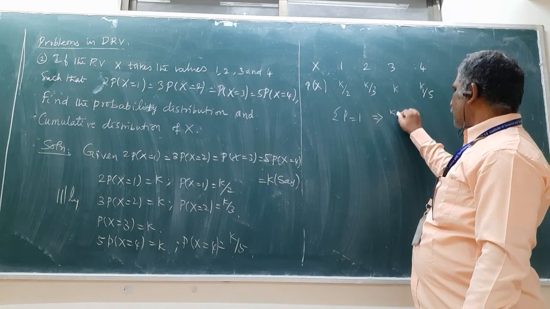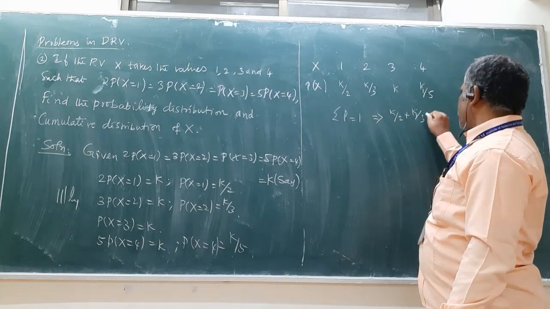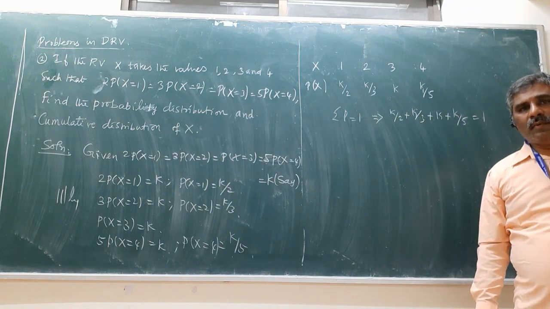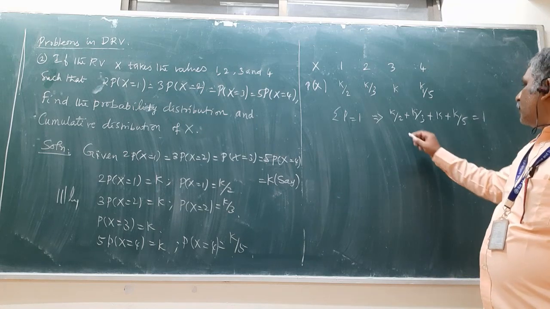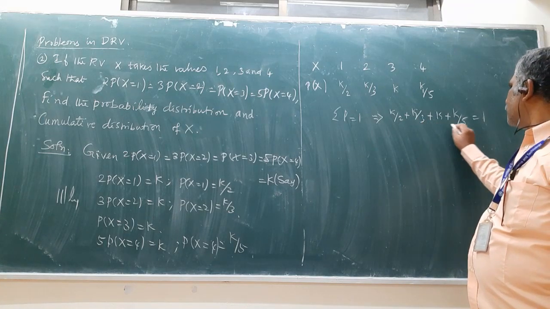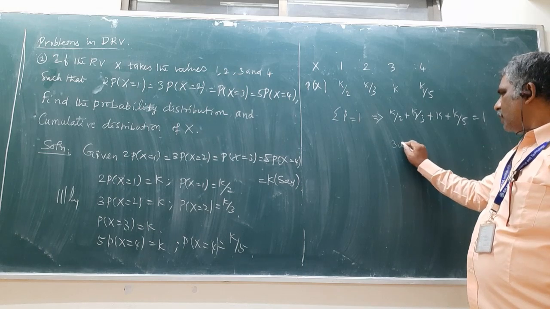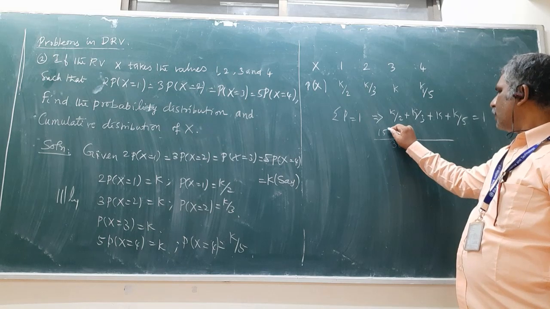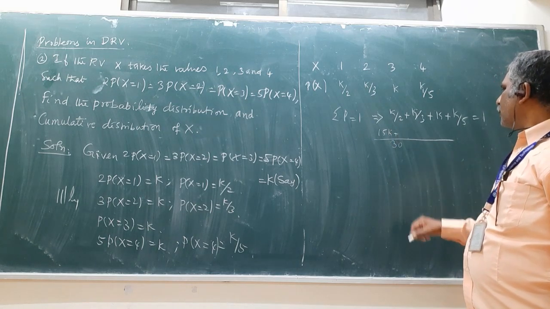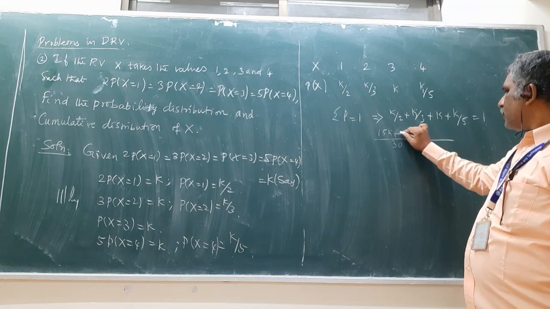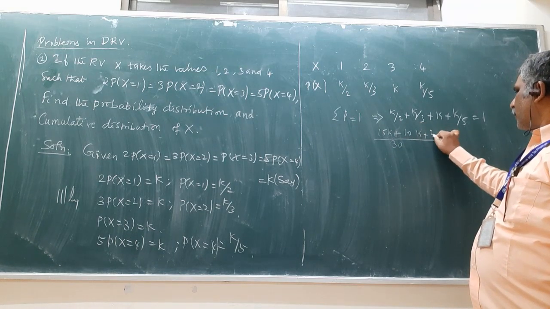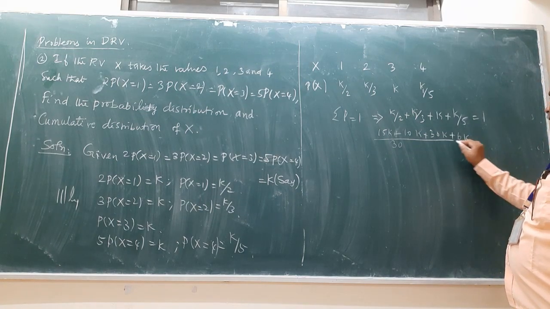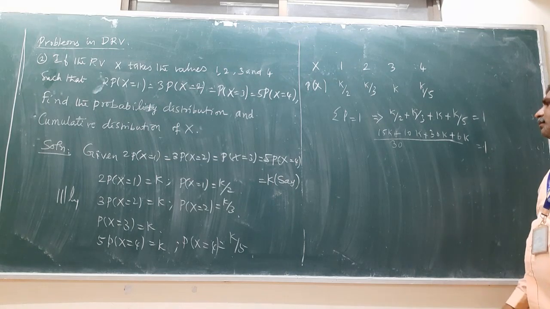That implies k by 2 plus k by 3 plus k plus k by 5 equal to 1. Taking the LCM, which is 30, the numerator is 15k plus 10k plus 30k plus 6k equal to 1.